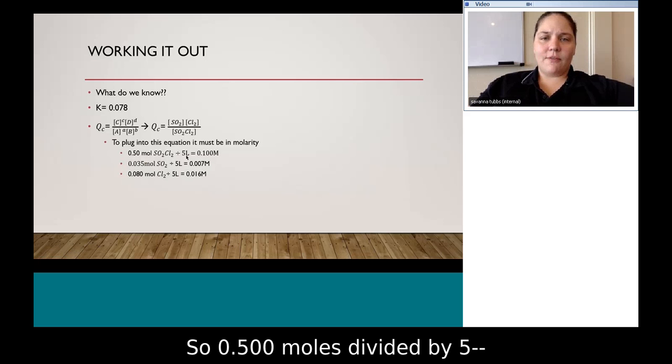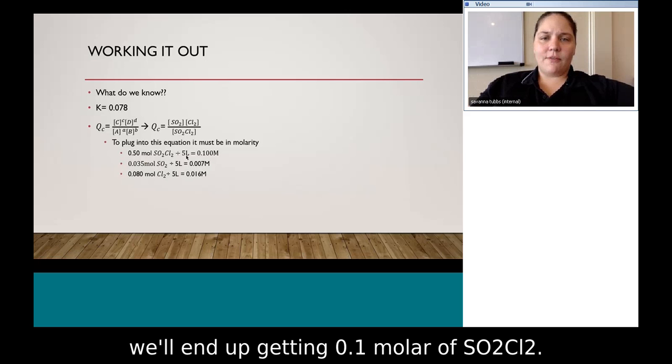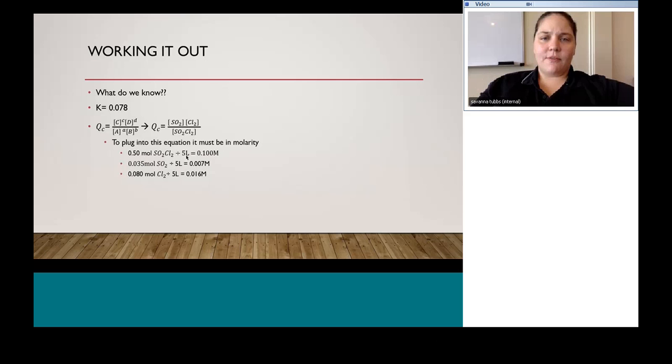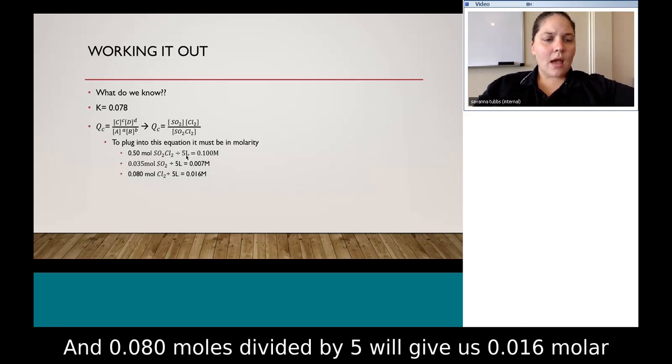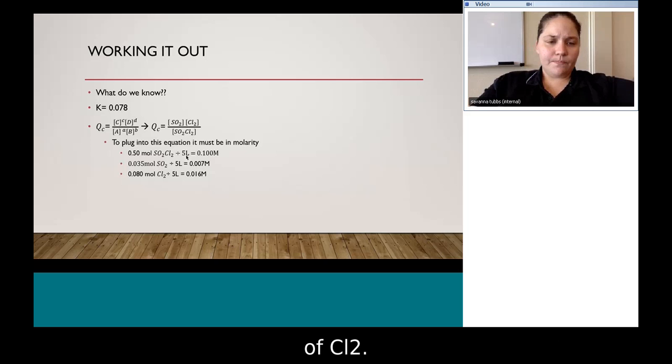So 0.50 moles divided by 5, we'll end up getting 0.1 molar of SO2Cl2. 0.035 moles divided by 5 will give us 0.007 molar of SO2. And 0.080 moles divided by 5 will give us 0.016 molar of Cl2.